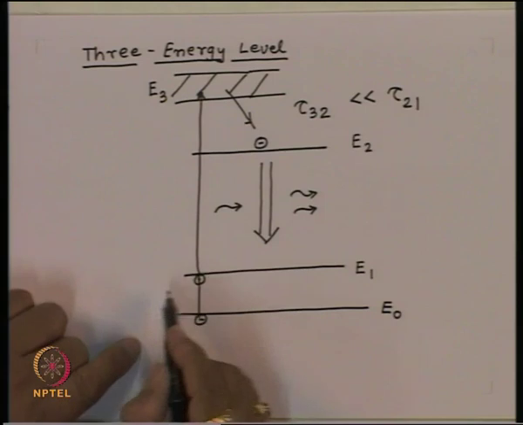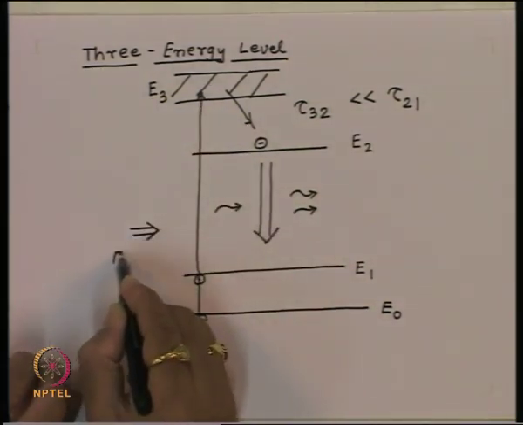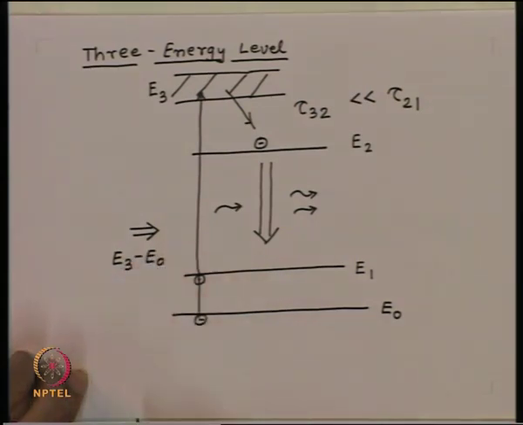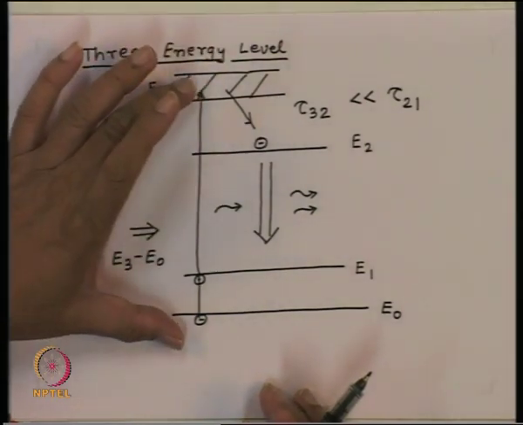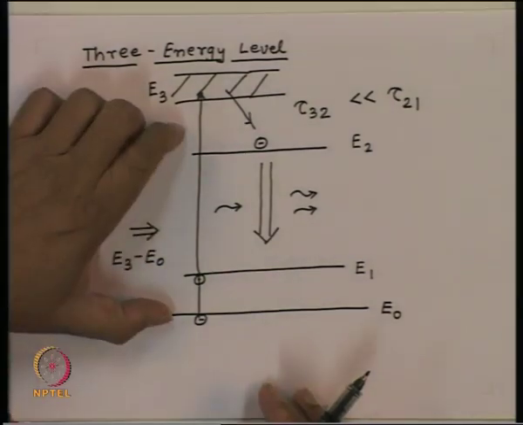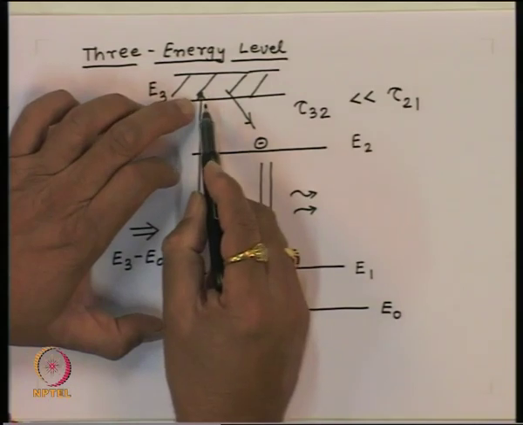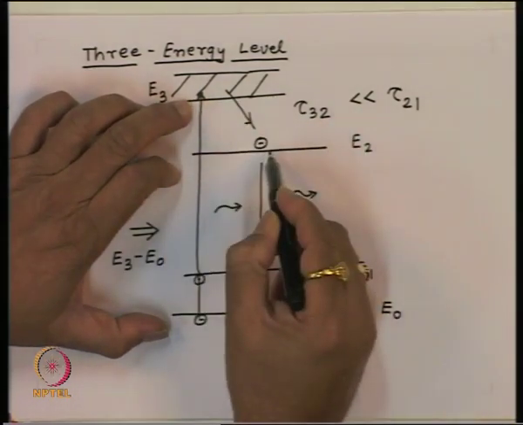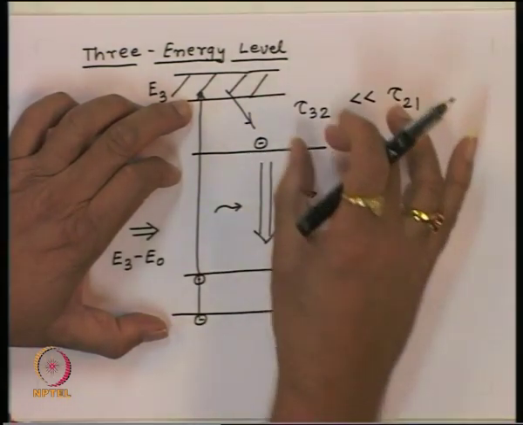From here the energy is supplied now corresponding to the difference which is E3 minus E0, and this band is broad. So this is the incoherent photon flux which is incident on this, which is exciting the electrons. The electrons go from here to here. Since this time is much smaller compared to tau 2, it will relax to this. It will wait because this time is much larger compared to this time.